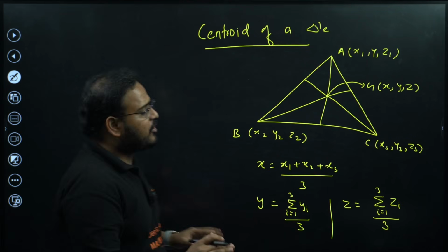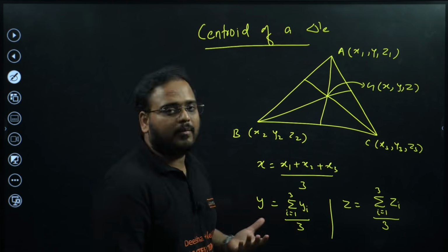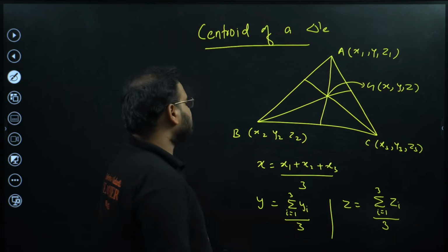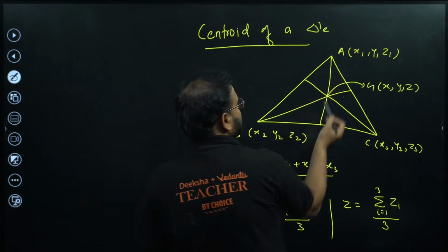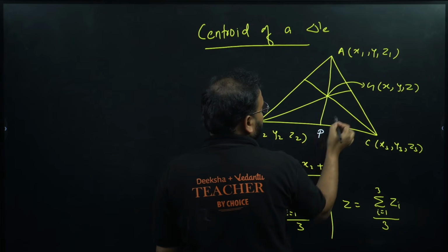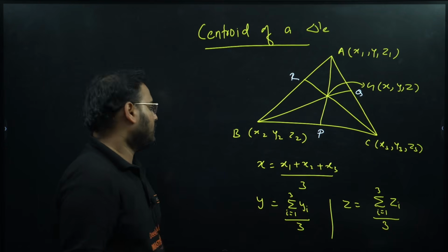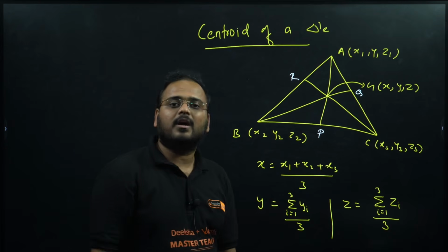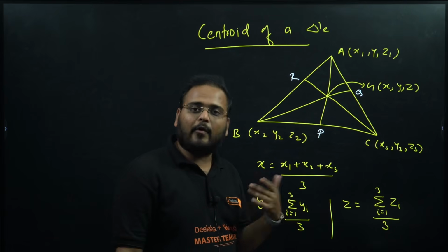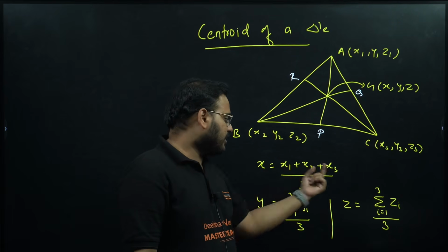Moving on. Next is the centroid of a triangle. As I mentioned when we learned about 2D space, everything remains the same. You're simply going to add the coordinates. How do you find it? This G is basically the intersection of the medians AP, BQ, and CR, where P, Q, and R are the midpoints of the sides. The intersection of the medians is the point G, which is called the centroid, and you find the coordinates of the centroid as x1 plus x2 plus x3 upon 3.